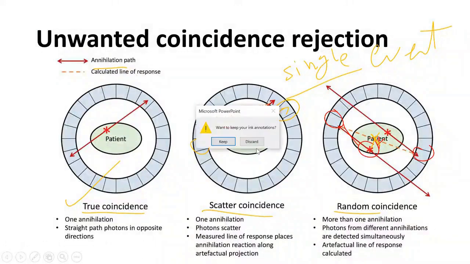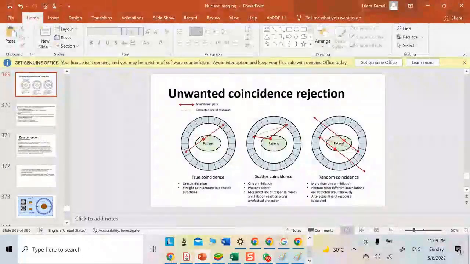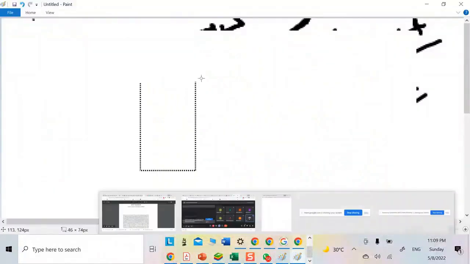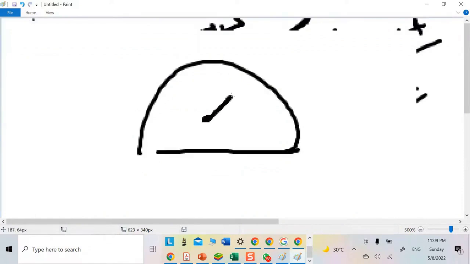Compton is when the photon, while exiting, gives part of its energy to the electron and undergoes scattering, whereas it exits with 511. Therefore, when it undergoes scattering, its energy will naturally be less than 511, right? Because it gave part of its energy to the electron.